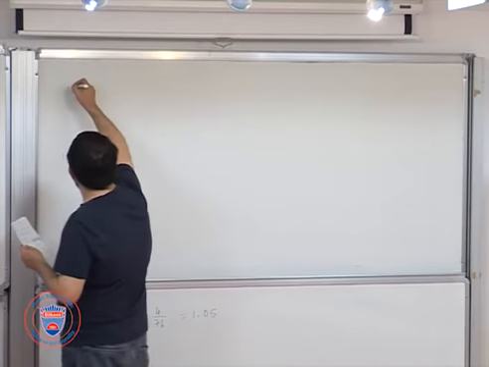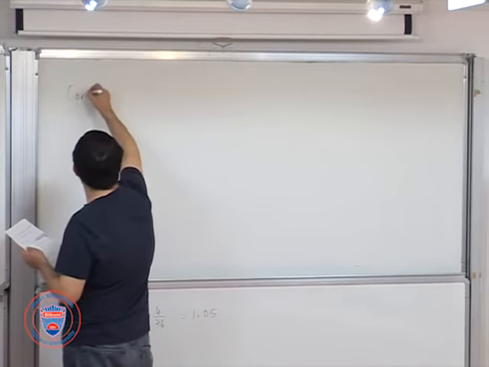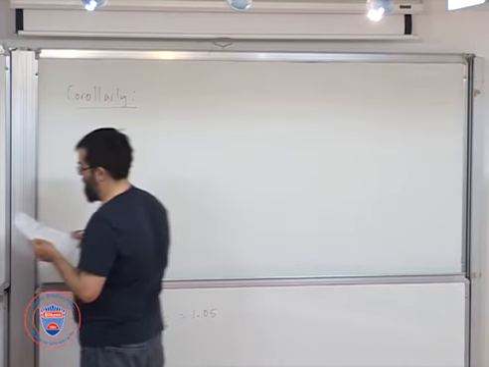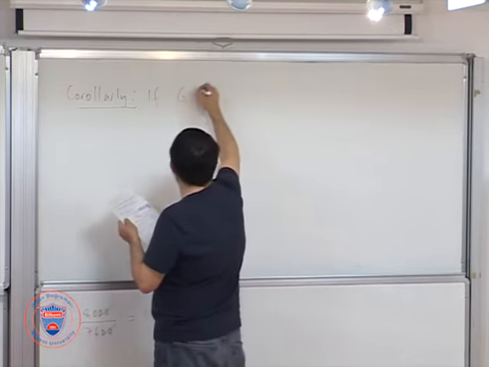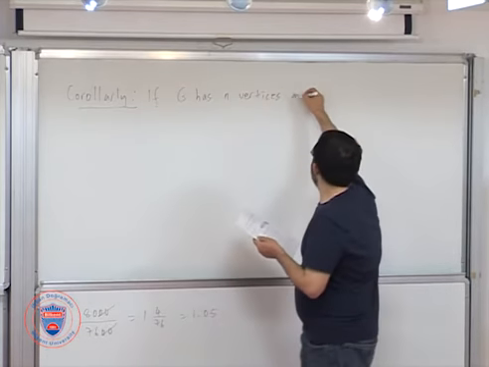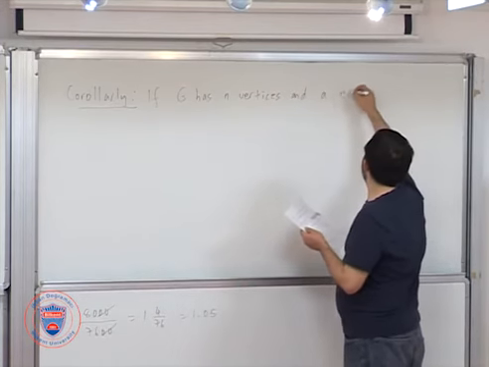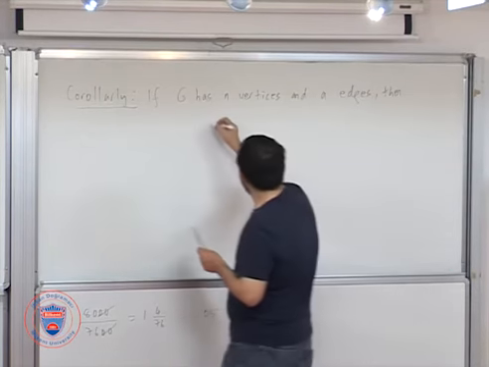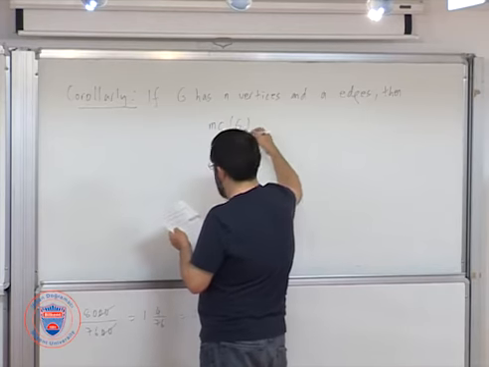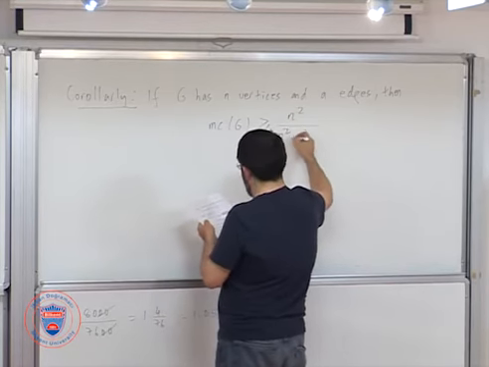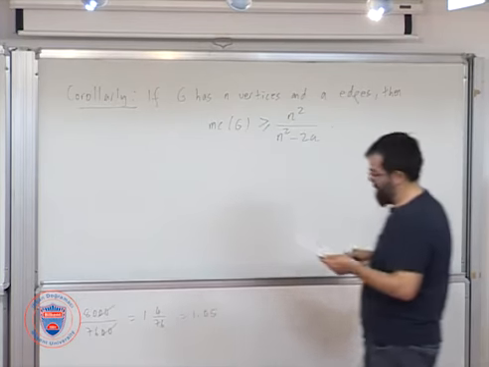Okay, two things to get from this. One is an immediate result you can get using this: if G has n vertices and a edges, then there's this crude estimate, even cruder than this, something like this.